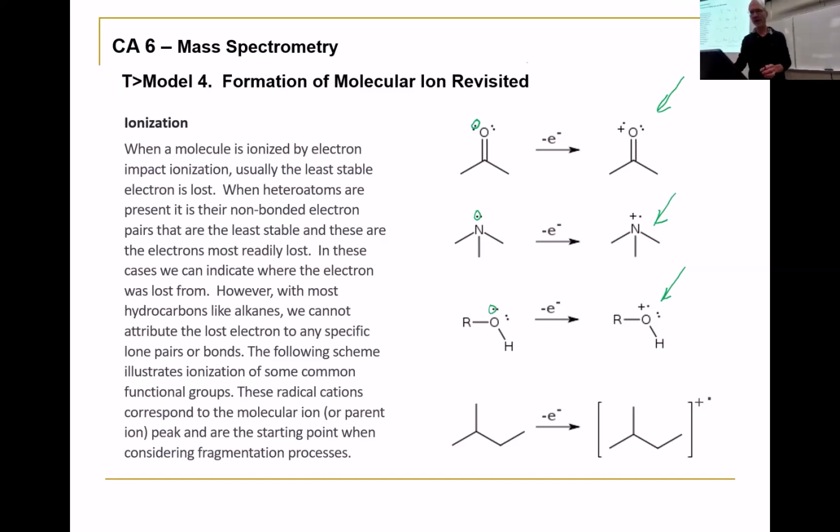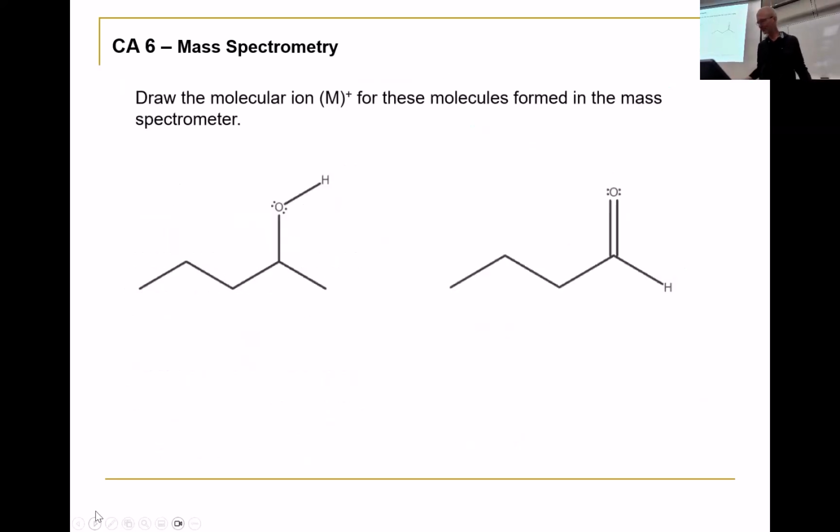So as a little bit of practice towards that end, I just want to back up. It may feel like a detour going back to the molecular ion, but you'll see we'll make use of this in a couple of minutes. So here you have two examples, one an alcohol, one an aldehyde, and I'm asking you to draw the molecular ion that's likely to form from these molecules.